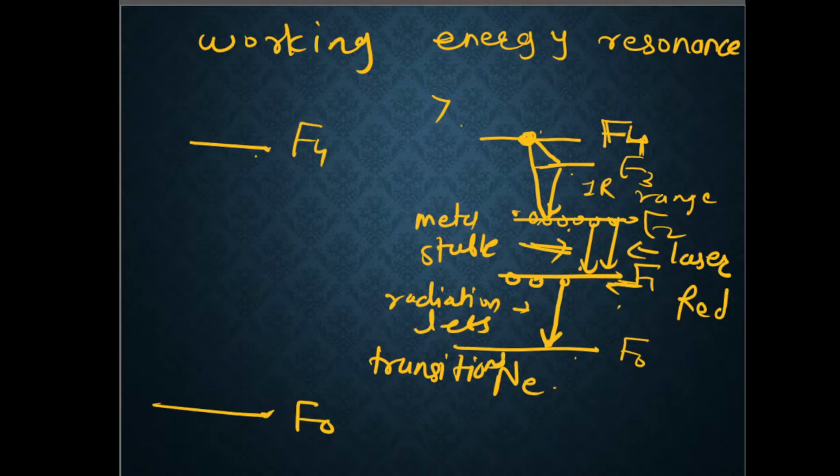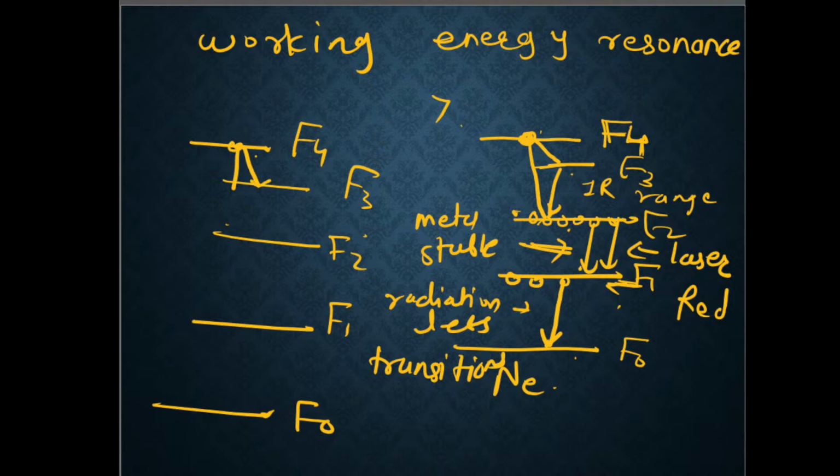This is F0, F3, F2, F1. Whatever atoms are here now will transit into F3 and F2 by IR transitions, or IR range light comes out from this.